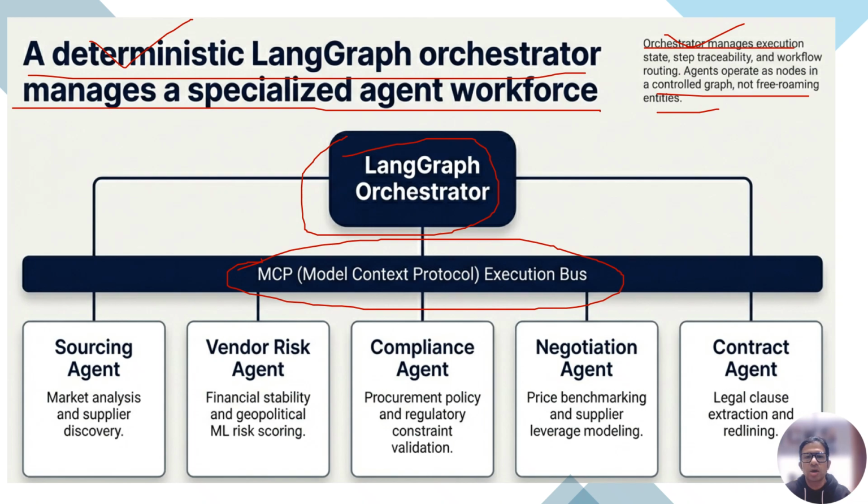They go through a controlled interface. See here, this lock represents governance. Here, tool calls are logged, validated, and controllable.